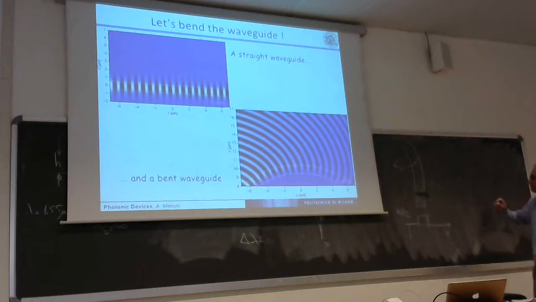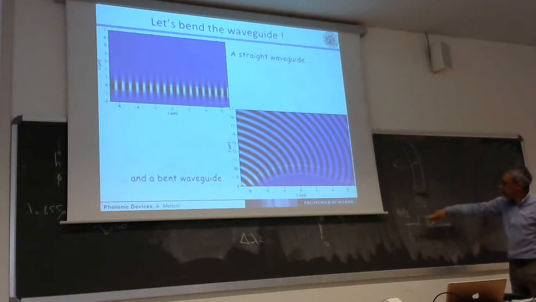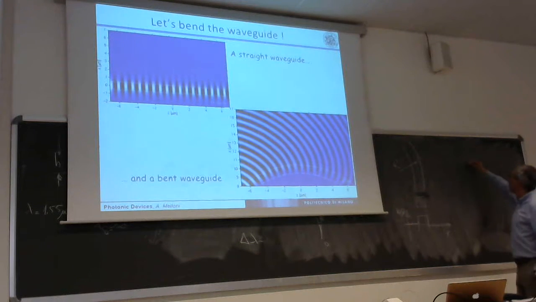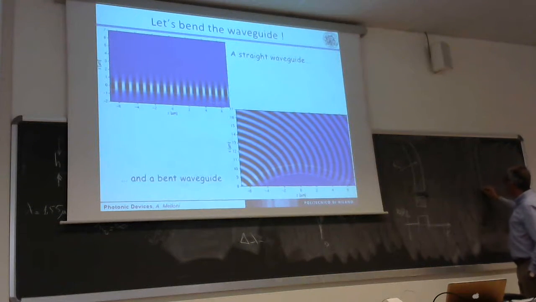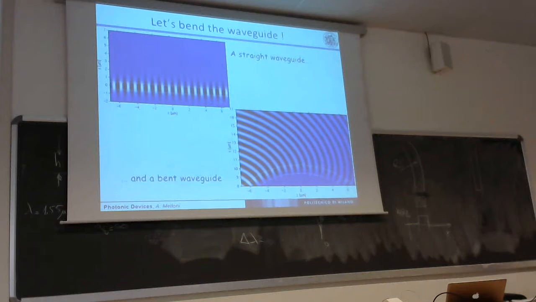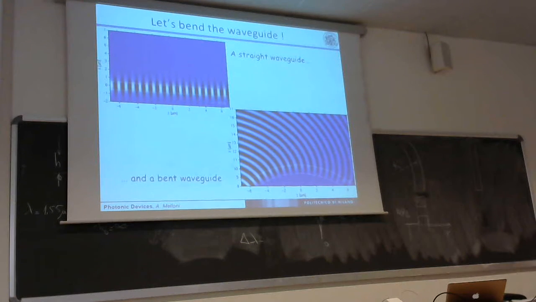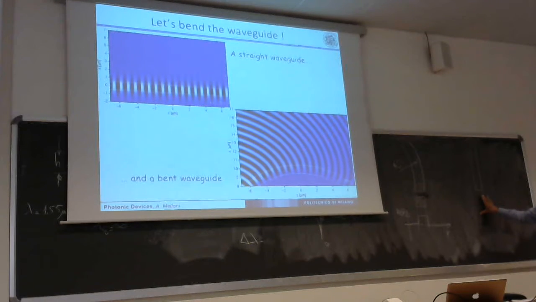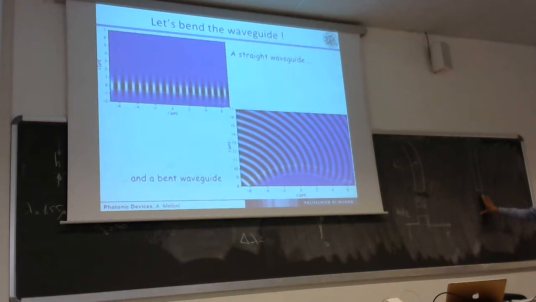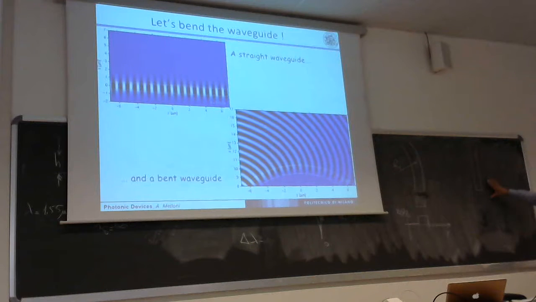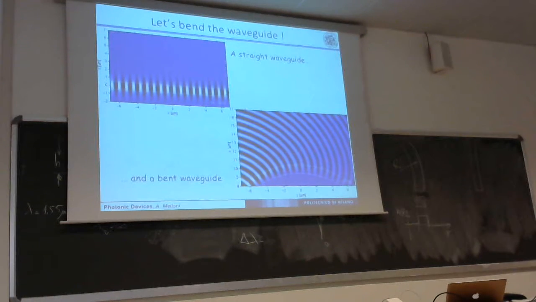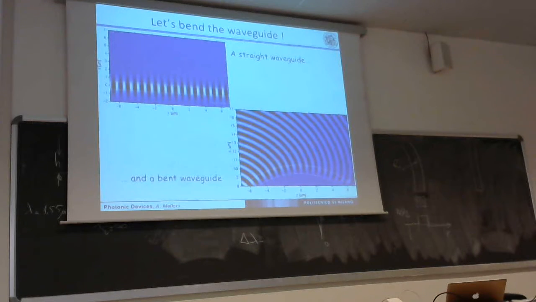So the other point is, can we change the geometry and get an equivalent straight waveguide? An equivalent waveguide. Because if we move to a rectangular coordinate system, then we can use the solution that we already know.